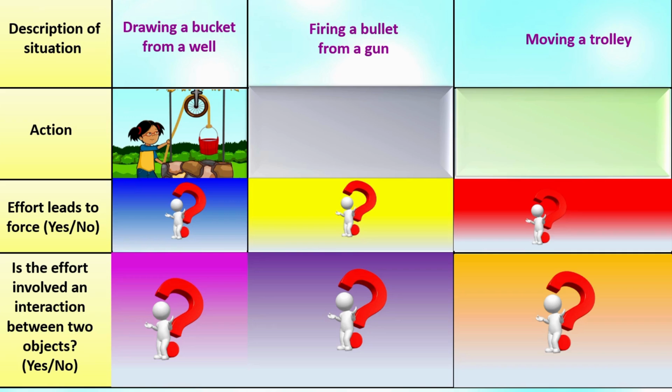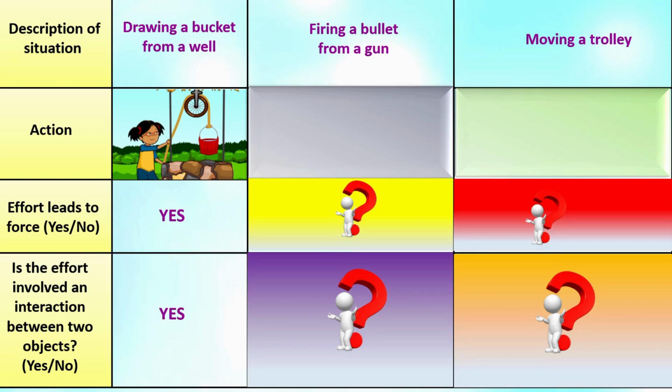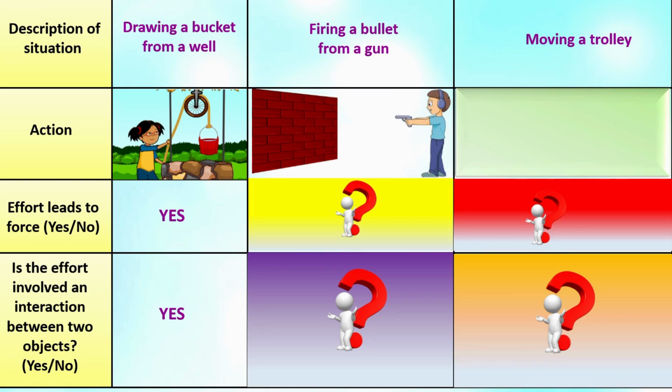Action: drawing a bucket from a well. Does effort lead to force? Yes. Is the effort involved in an interaction between two objects? Yes. Firing a bullet from a gun. Does effort lead to force?